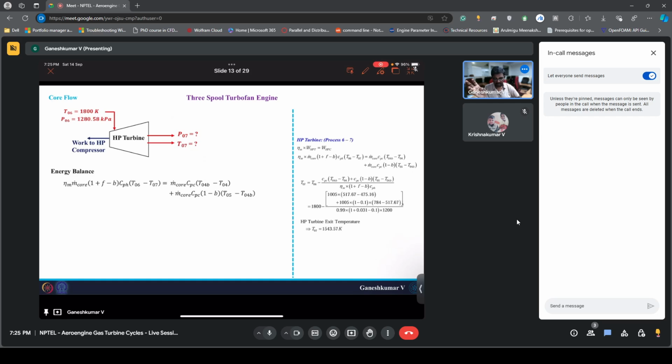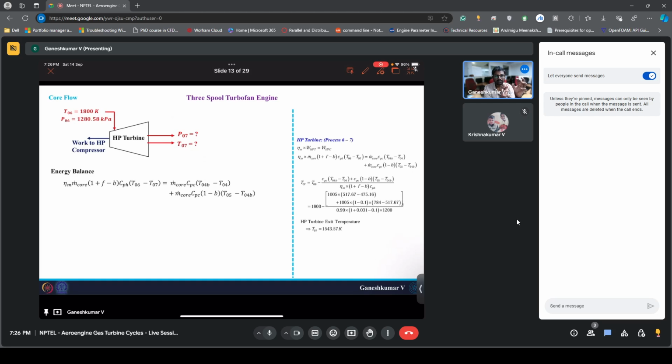So here, the left hand side is the amount of work that we generate from the HP turbine, and this should be able to drive the HP compressor. In the HP compressor, initially from T04 to T04B, the entire core stream is compressed, and after that we took some bleed out, right?